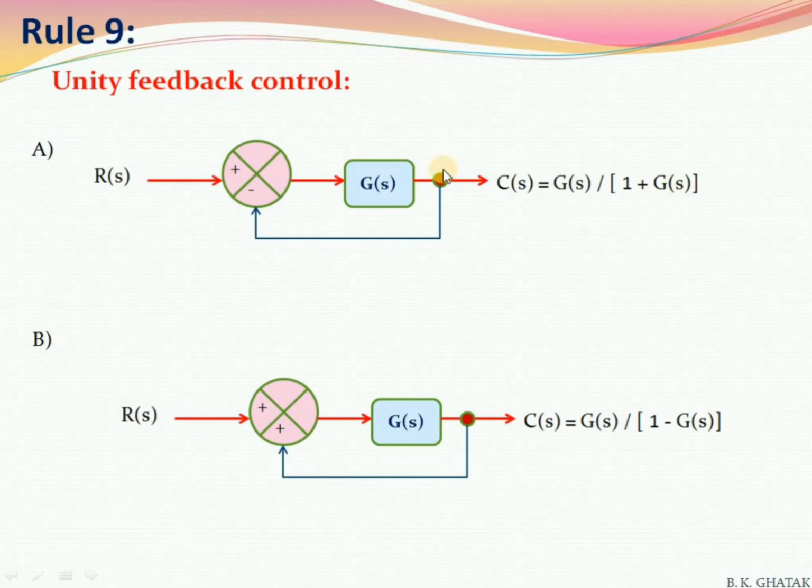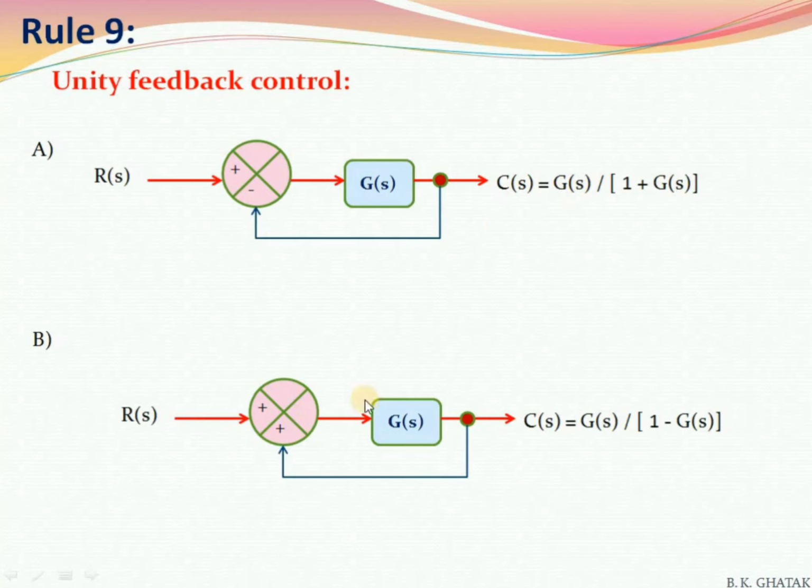Here from the takeoff point, unity feedback with no feedback elements is directly fed to the summing point. So CS equal to GS by 1 plus GS HS. That means HS is equal to 1. So here the final output is CS equal to GS by 1 plus GS.